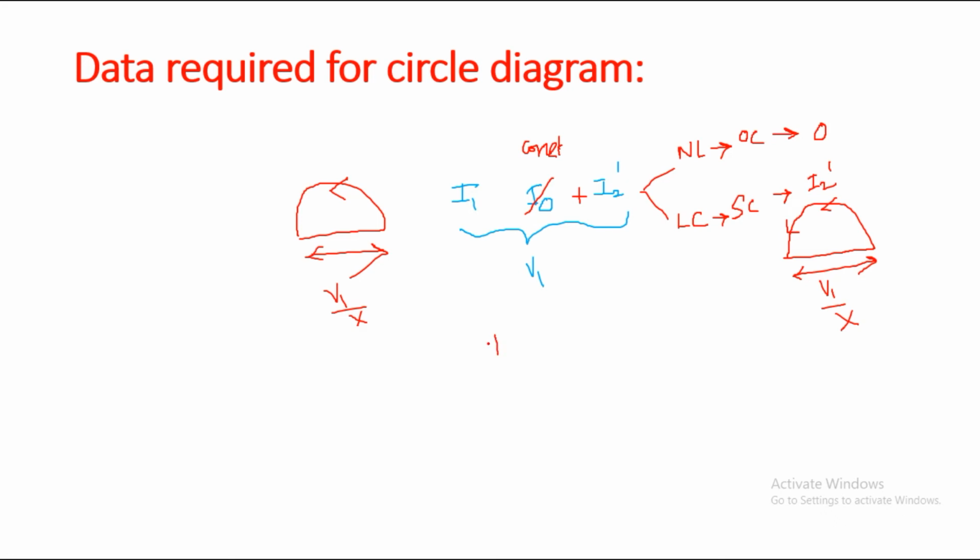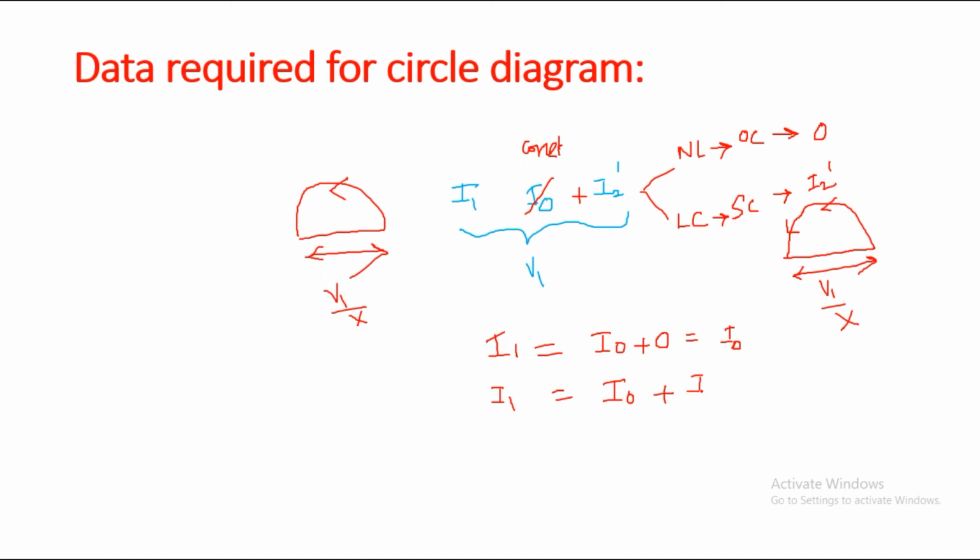Now we'll write equation according to this loaded condition on rotor. We can write I1 as the vector sum of I0 and I2 dash. So for no load condition, the value of I2 dash is 0. So we can simply write I1 as I0. For loaded condition, I1 is equal to I0 plus IS.